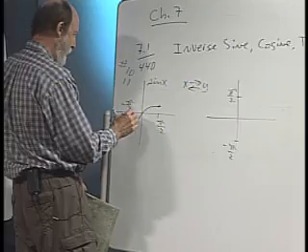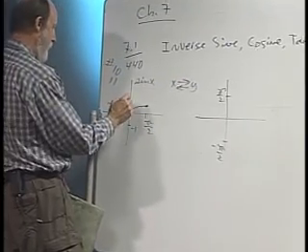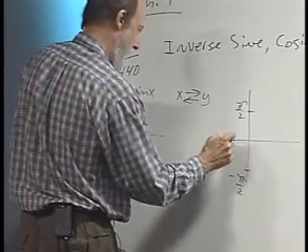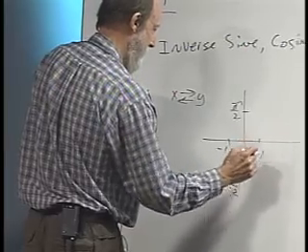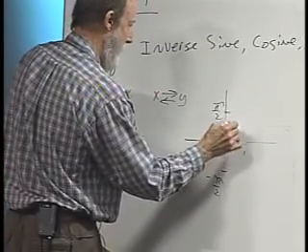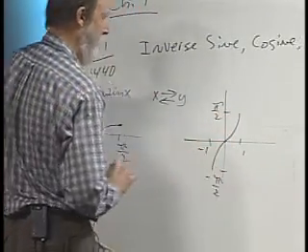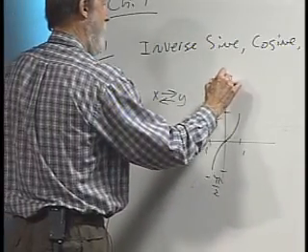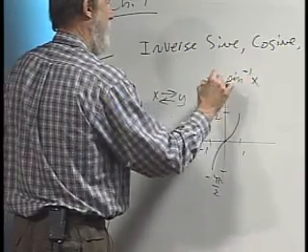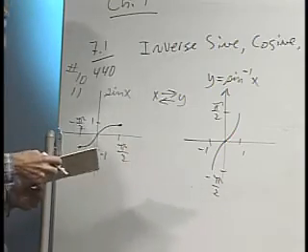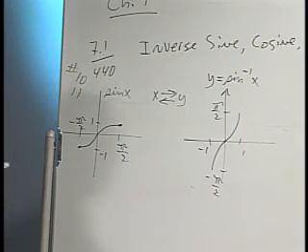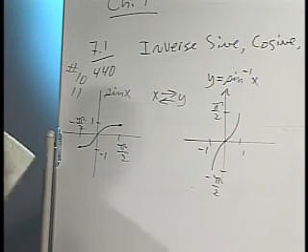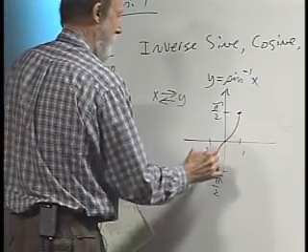And the values in the range over here from -1 to 1 are going to become the domain here. And the graph of that thing looks like this. This is your inverse sine function. Okay?